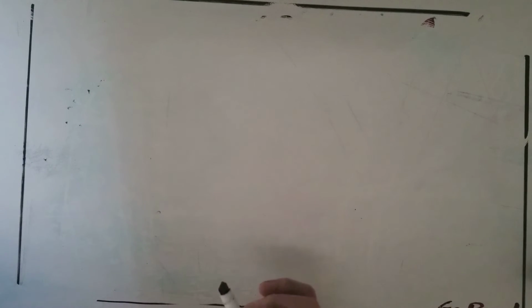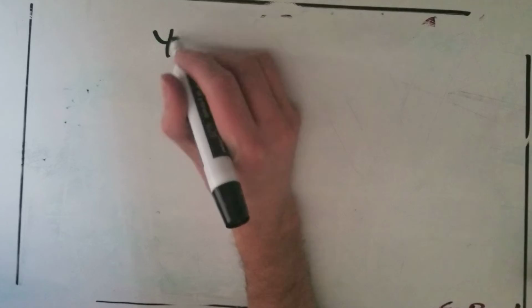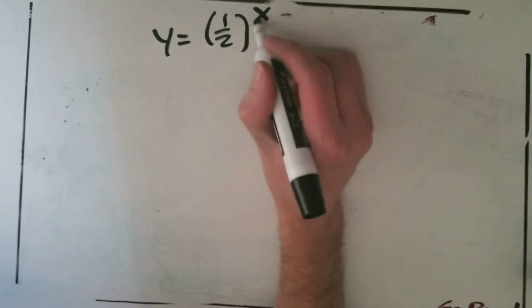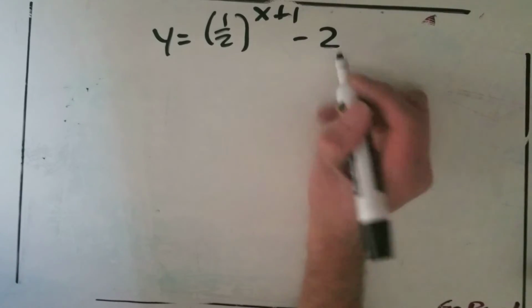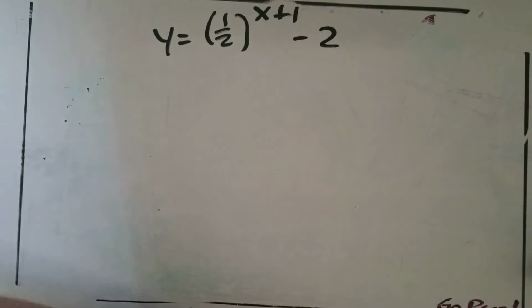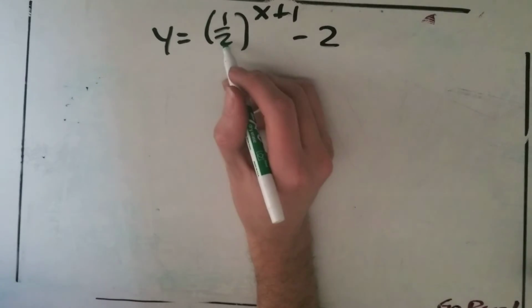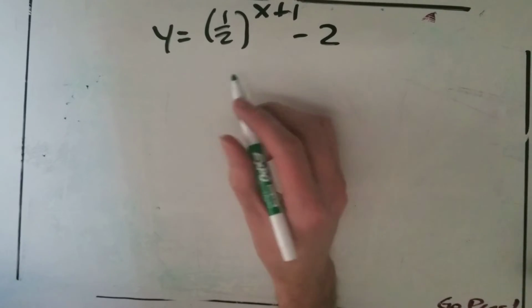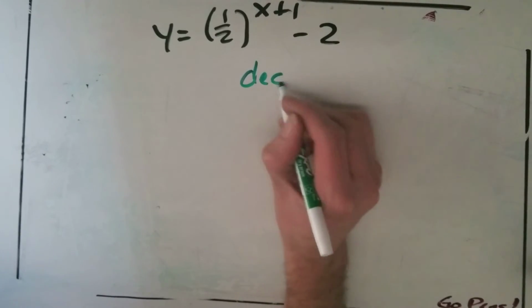So slide 7, we have y equals 1/2 to the x plus 1, minus 2. So just from looking at this, some things we should recognize. Your base being raised to the, in this case, x plus 1 power, but your b is going to make it a decay function.